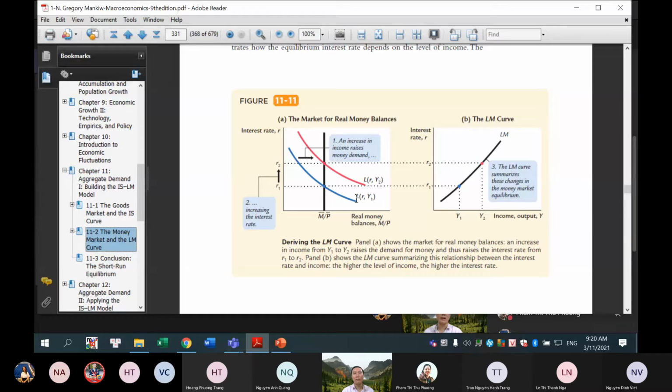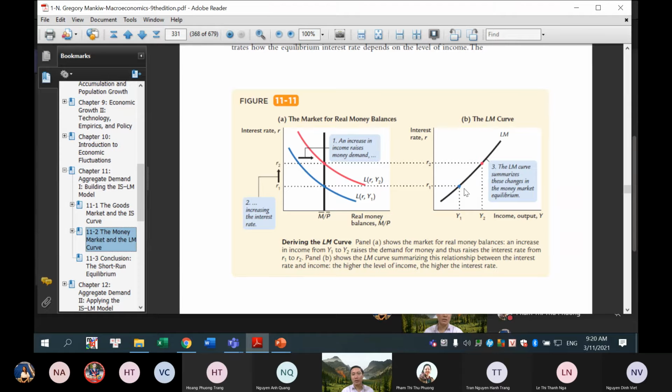At the given income Y1, the interest rate should be lower. The money supply curve crosses the money demand curve, the blue line, at a lower interest rate. So the new equilibrium interest rate is lower than before.